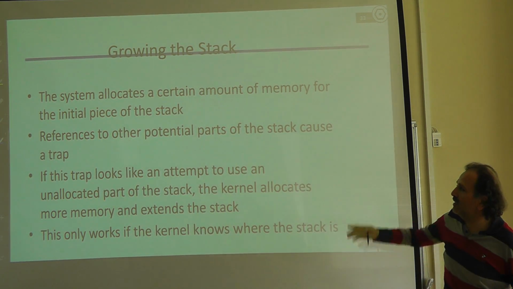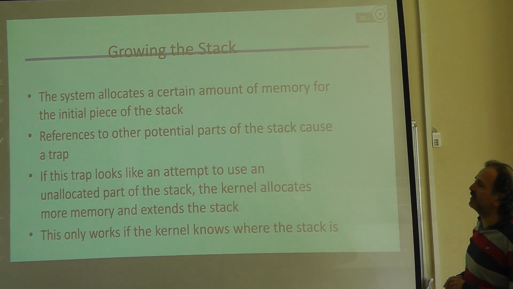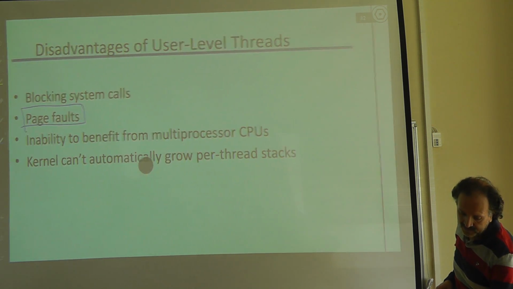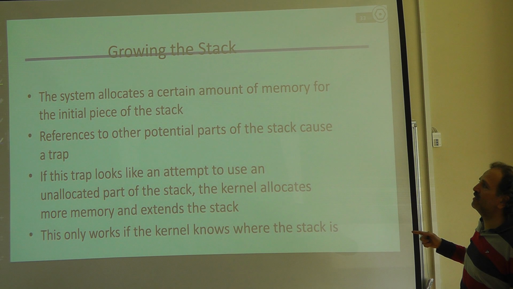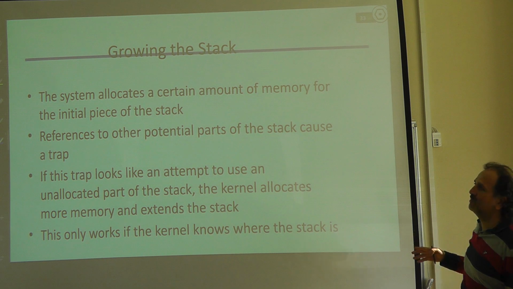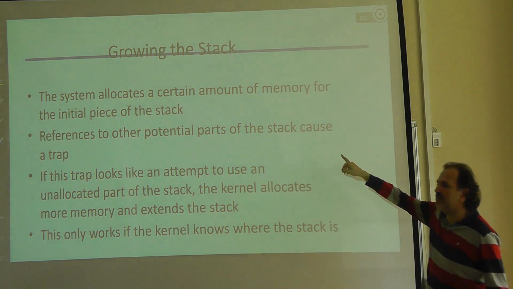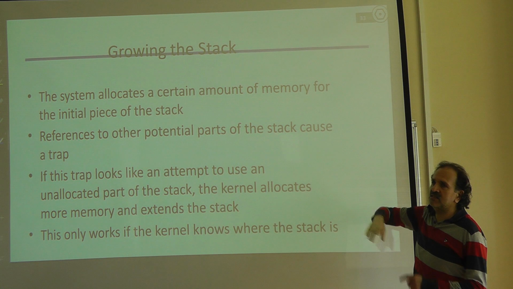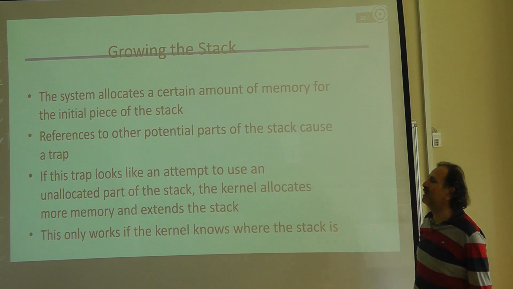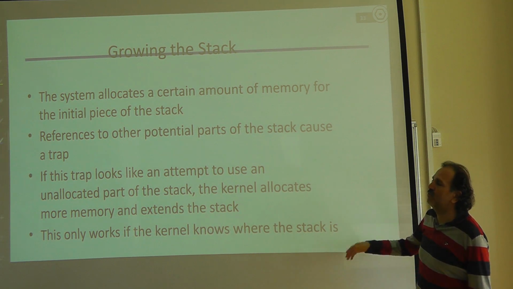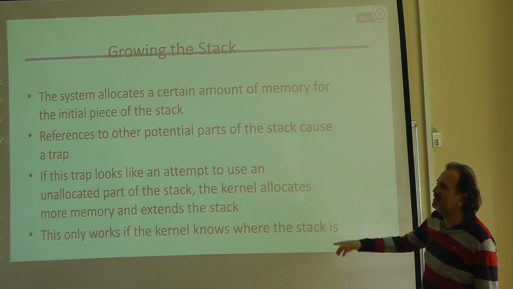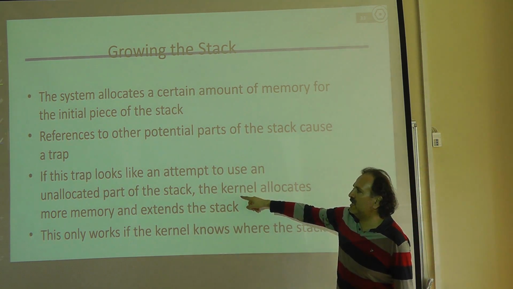Okay, this is an explanation about growing the stack. Again, the fourth item in the previous slide. The system allocates a certain amount of memory for an initial piece of stack for each process, and references to other potential parts of the stack cause a trap. In this case, the stack is growing, and I am using too much memory for the stack, and this trap looks like an attempt to use an unallocated space.